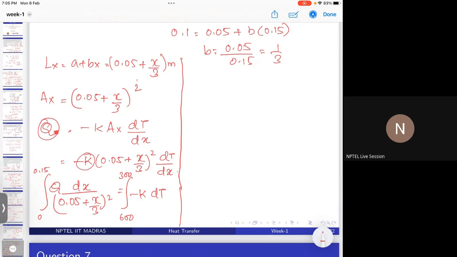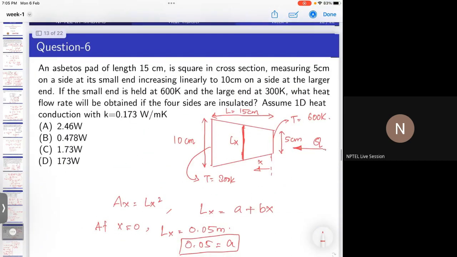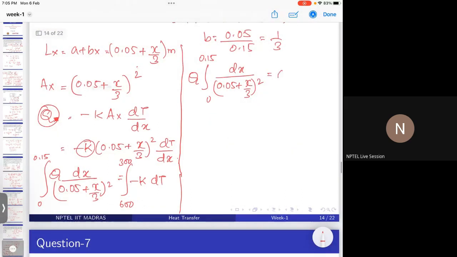So K is already known, so we can write Q times integral 0 to 0.15 dx divided by 0.05 plus x by 3 the whole square is equal to K, which is already given. How much is K? 0.173.